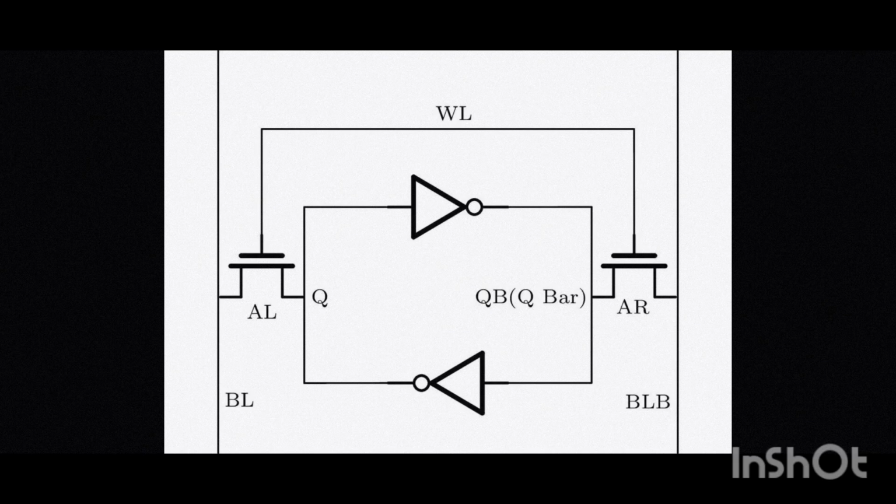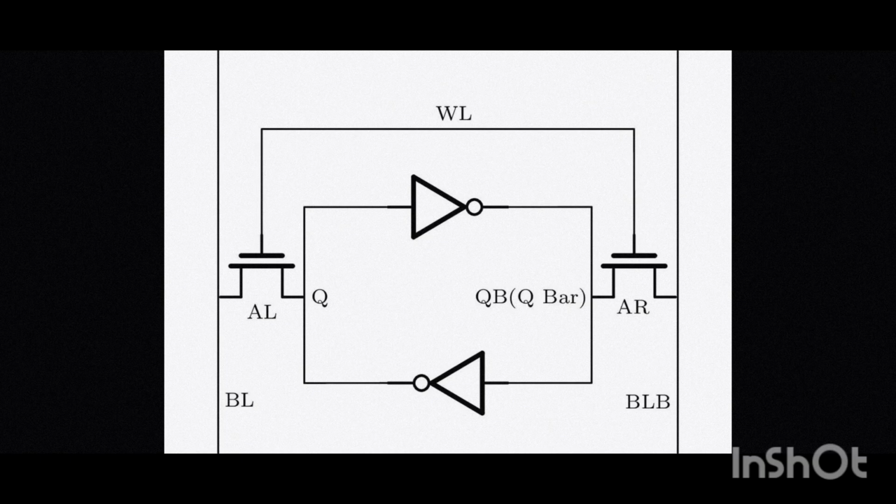How does SRAM store 1 bit? An SRAM cell stores 1 bit of information using the two storage nodes Q and QB. These nodes always hold opposite logic values because of the cross-coupled inverter structure. When the stored bit is 1, the node Q remains at a high voltage, logic 1, while QB remains at a low voltage, logic 0.